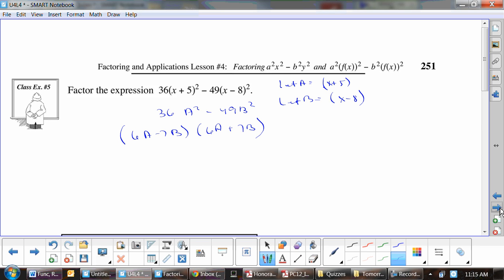So do you see the difference of squares isn't so bad once you do that. And then you're just going to substitute with your brackets extremely carefully because there's a lot going on. So A is going to be x plus 5 minus 7 times x minus 8. Okay, then a big set: 6 times x plus 5 plus 7 times x minus 8.